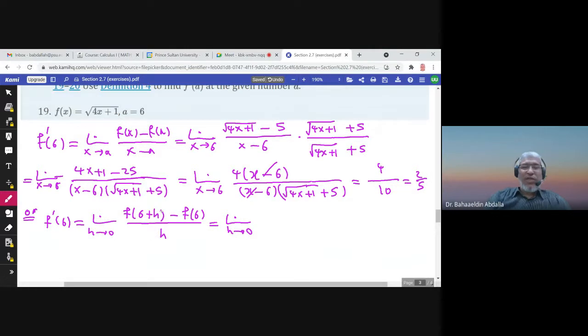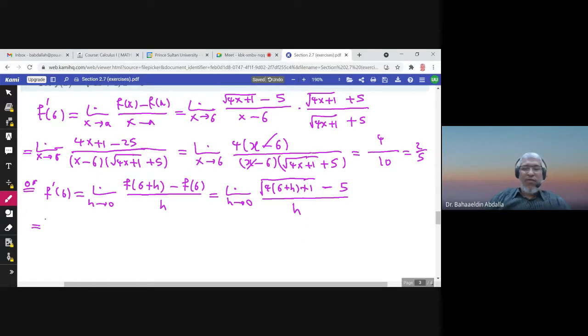Now f of 6 plus h would be the square root of 4 times (I replace x by 6 plus h) plus 1, minus f of 6. f of 6 is 5, I believe. Yeah, 5. Square root of 25. Okay. Over h.